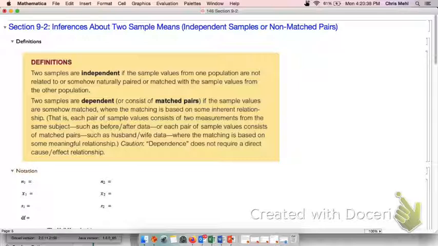Just to caution, dependence does not require a direct cause or effect relationship. In this section we're talking about independent samples. There's no pairing or relationship between the two samples, or in other words, no pairing between the two populations.